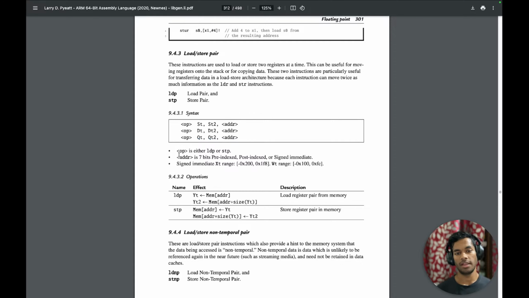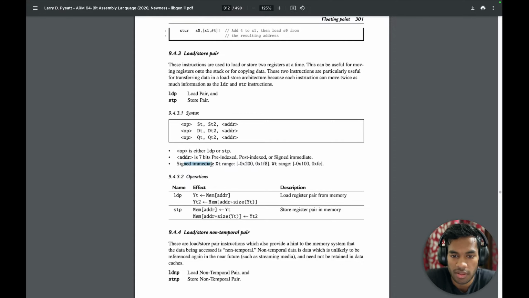And then we have address. A 7-bit pre-indexed, post-indexed, or signed immediate. Address is a pre-index, post-index, or signed immediate. Okay, signed immediate XT, range minus 0x200 to plus 0x1F8.